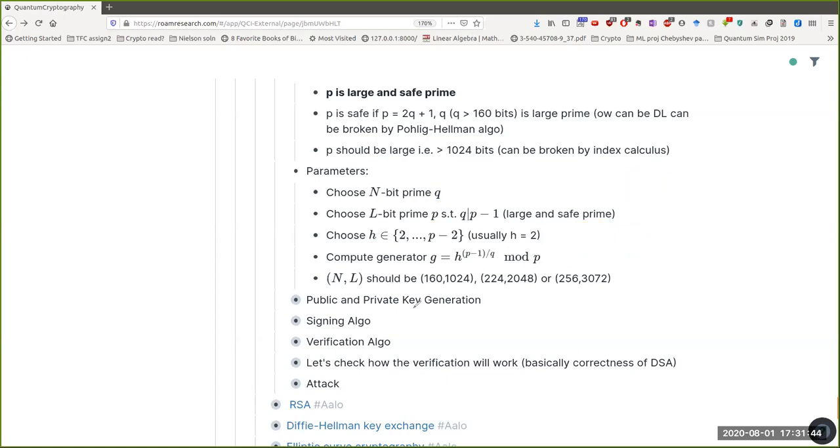And like I said, to be Pohlig-Hellman algorithm safe, this N and L, how long should q be, how long p should be. These are defined values, the ones usually used in actual implementations, defined by the FIPS and NIST standards.